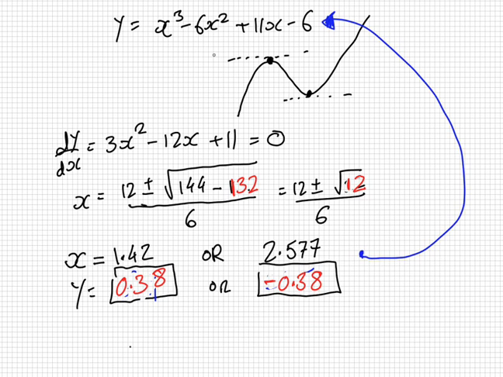So this first point here up the top is 0.38 and 1.42. And the second point here is, sorry, I wrote that backwards. 1.42 and 0.38, and then this one here is 2.577 and minus 0.38.